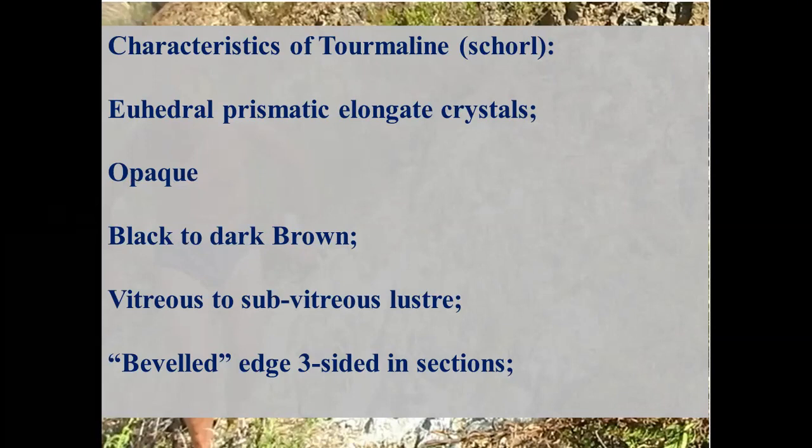Some of the more translucent ones, particularly if they've got various trace elements in, have all sorts of colors of reds and greens and blues even, and they are semi-precious gemstones. So you can have some very, very pretty tourmalines, not common, of course.